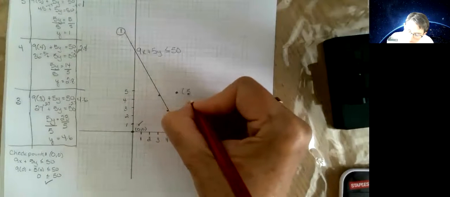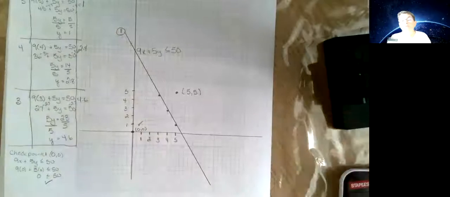Now let's go 5. Oh, it's just easy. 5 and 5. Always do 2 checkpoints.